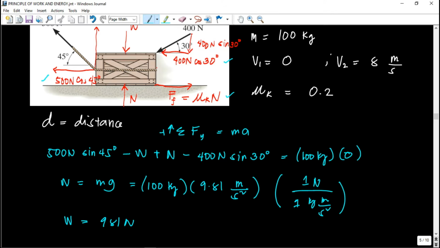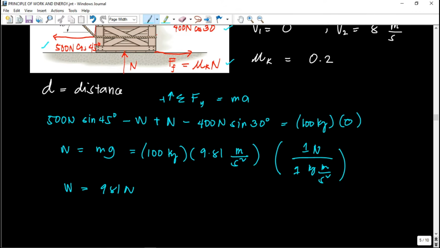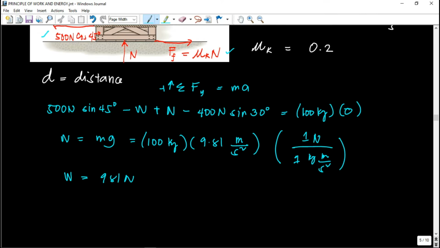We can substitute that weight into this equation in order to get the normal force N. So 500 sine 45. Make sure that your calculator is in degrees mode because the angles here are all expressed in degrees, not radians.